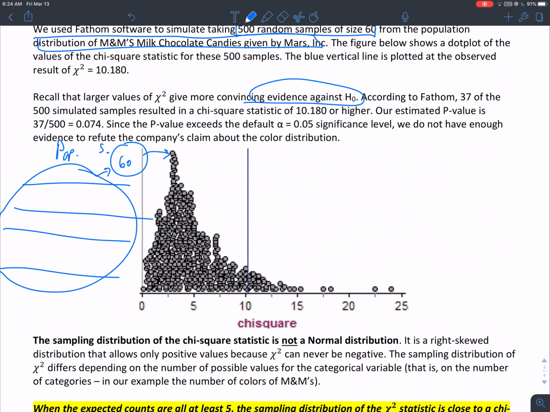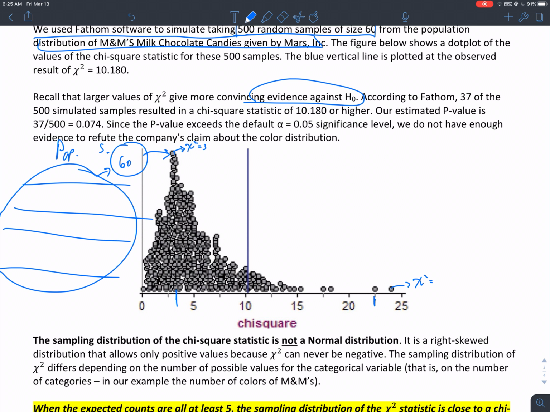So here is one chi-square statistic, and that one is maybe just above 2.5, maybe like 3 or something. So this is a chi-square statistic that's about 3. And so on and so on. Here's a chi-square statistic that's about, I don't know, what's that?